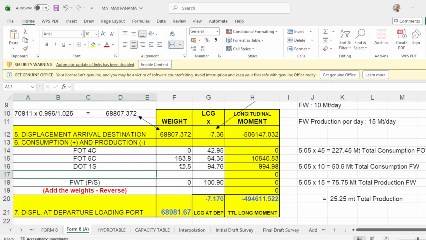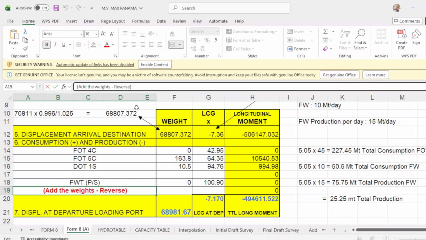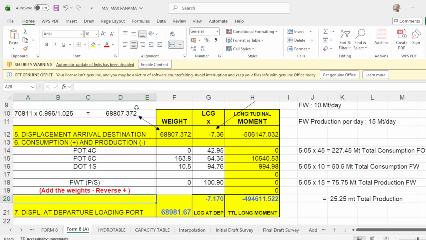So all your weights are positive. So add the weights or reverse. Instead of negative, make it positive. Put this way, reverse, that will be positive.